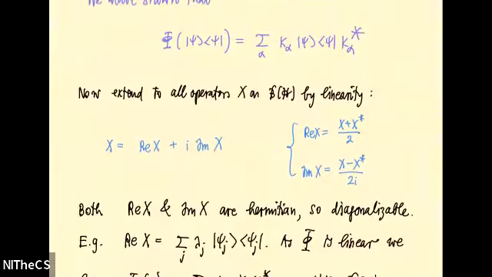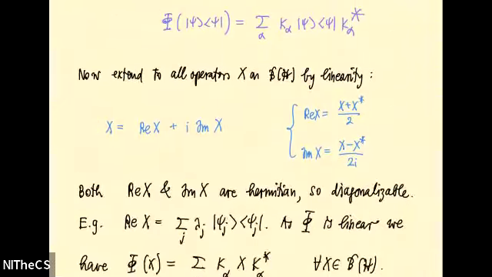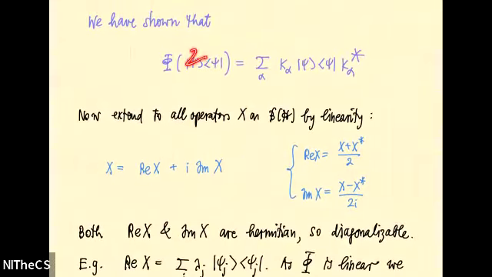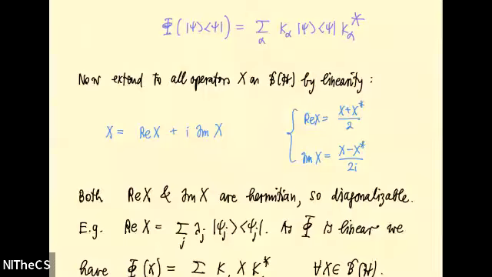My goal would be to have here a general X, but then I can write this as real X plus i imaginary X, and phi is a linear map. So I then get phi applied to the real part of X plus i phi applied to the imaginary part of X. And since each of these is self-adjoint, it's diagonalizable.